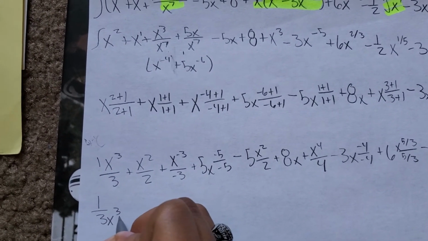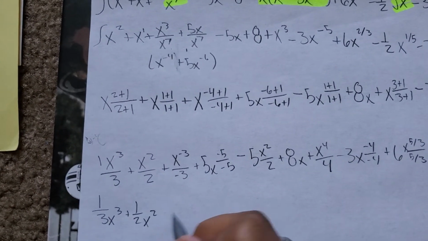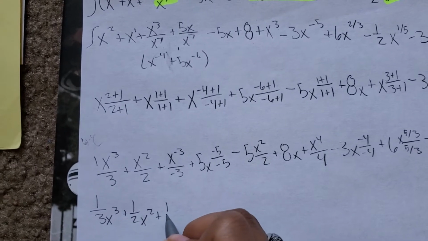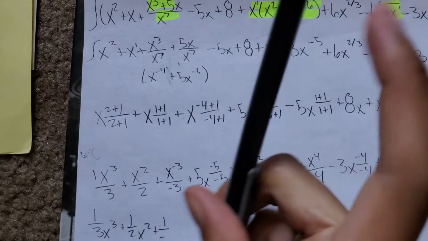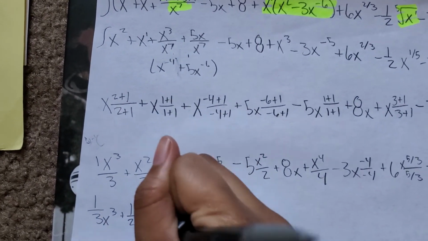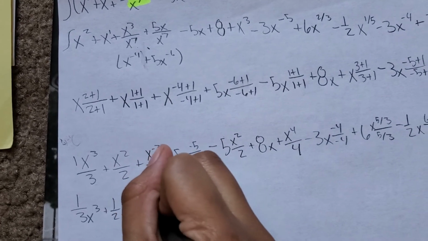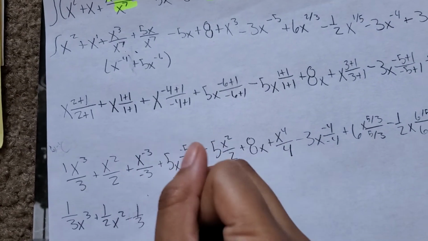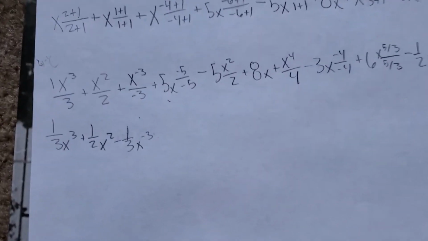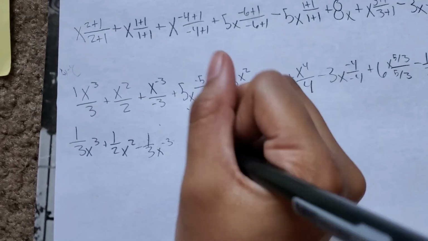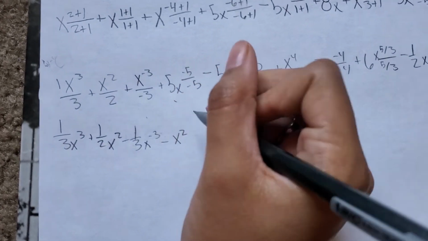So we're going to do 1/3 plus 1/2 x squared plus 1, or I just changed the sign. Negative 3, minus.